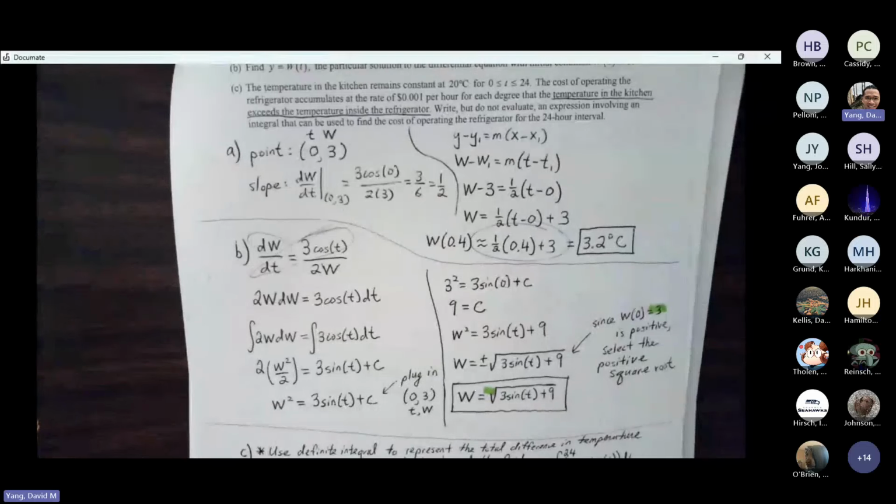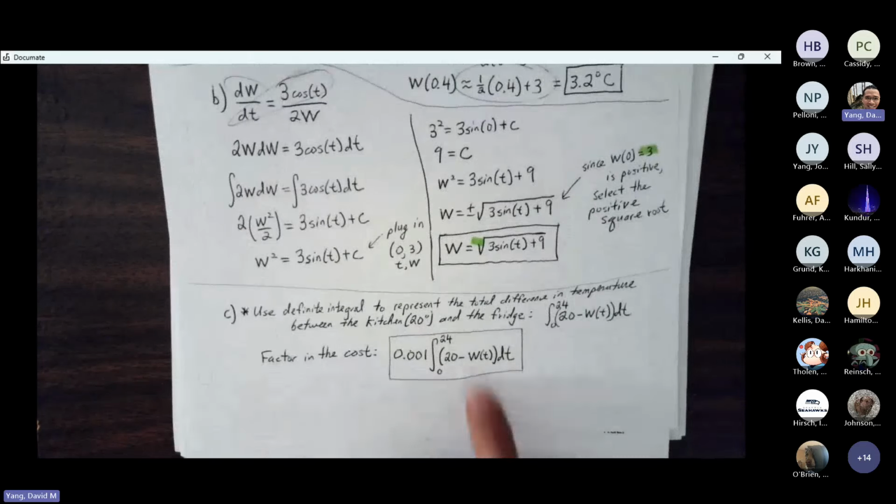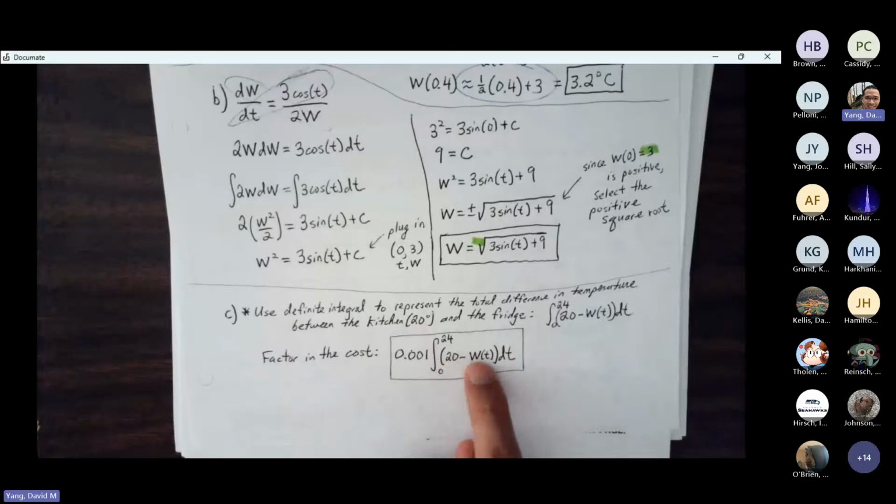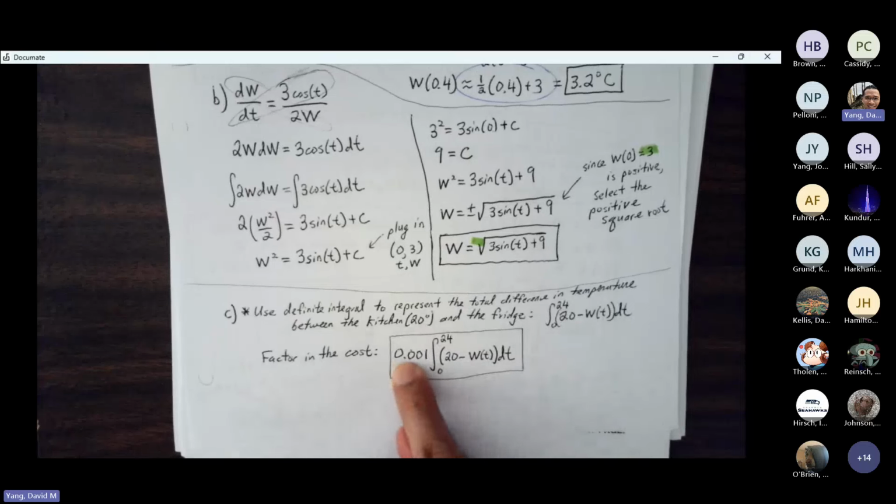Okay, so we know that W of t represents the temperature inside the fridge. So if we say 20 minus W of t, that will give us the difference between the temperature in the kitchen versus the temperature inside the fridge. And then each difference is going to have that factor in that cost of 0.001.